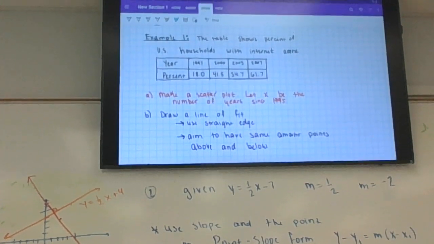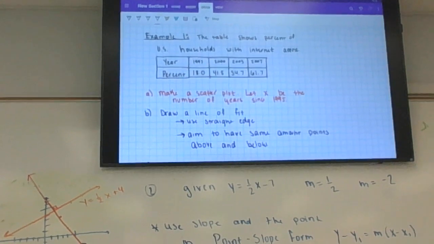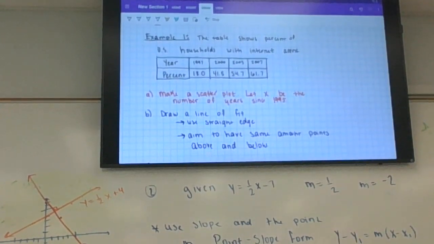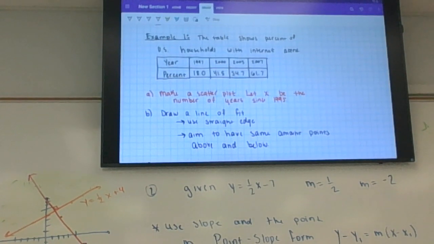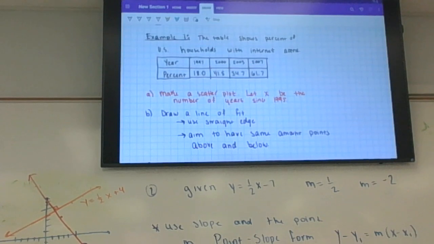But 0 really represents 1995. Okay. So really it goes 95, 96, 97, 98. 2003, we're at 54%. Half the people have the internet. 2007, we're at 61.